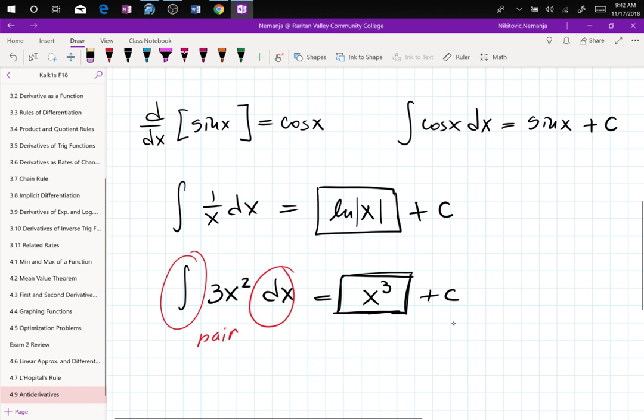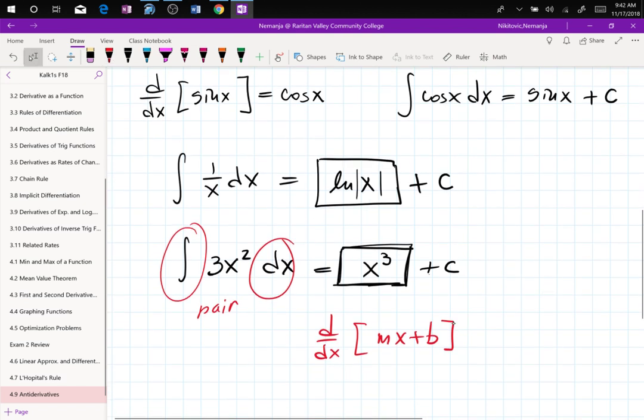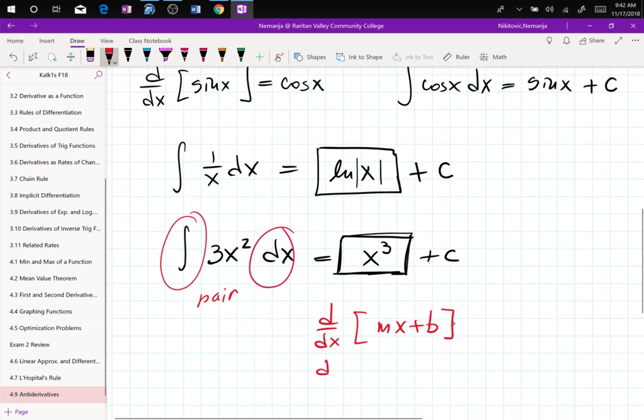Now, why is that important? Because I can have d/dx of mx plus b, right? So it's very important to know what the independent variable is, because this problem is completely different if I have this.